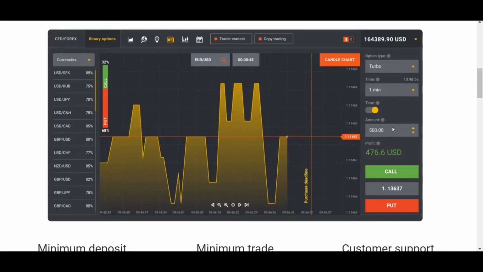Over here, you can enter whatever amount you want. So for example, if you have a $1,000 account, while you don't want to be putting your whole account on here, you would take a percentage or a fraction of your account with good risk management.